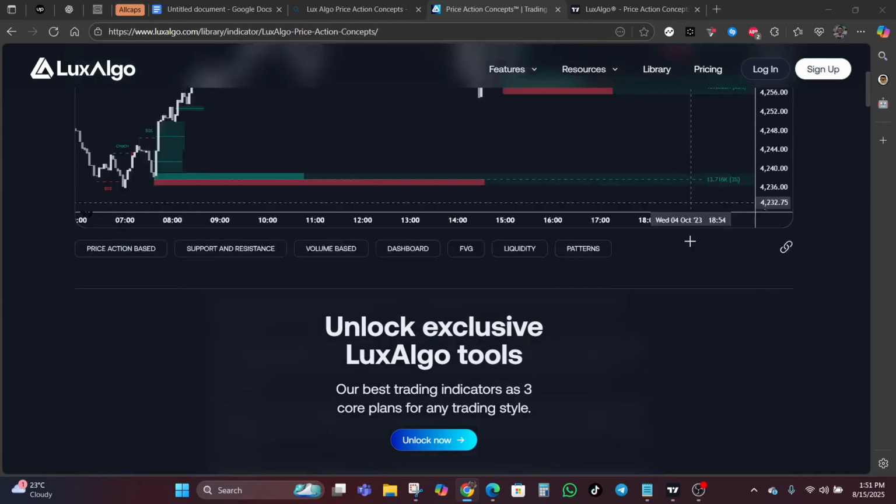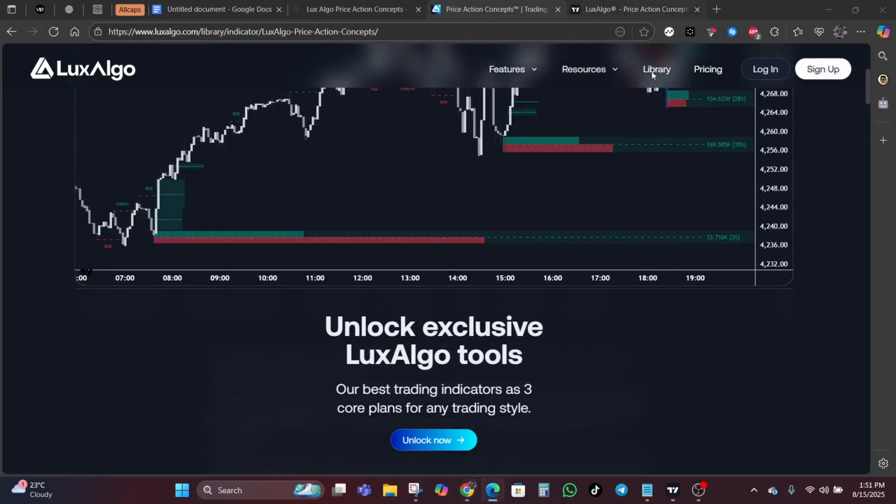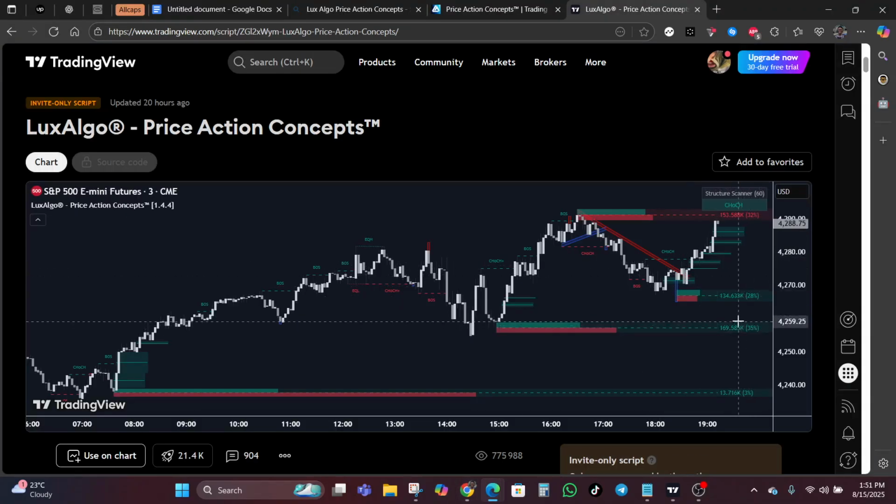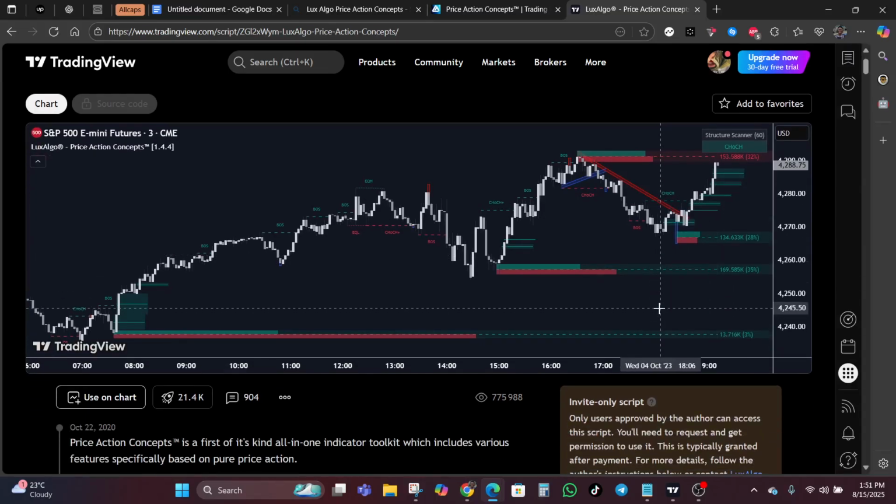You get instant visual cues that are going to be showing you where the market has shifted direction, where liquidity might be resting, and where potential high probability trade zones are forming.